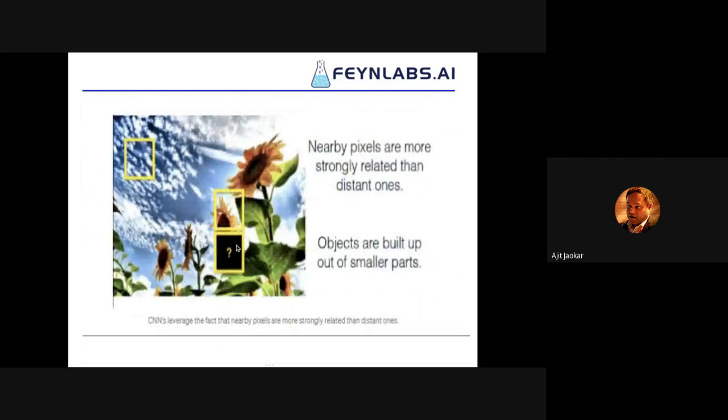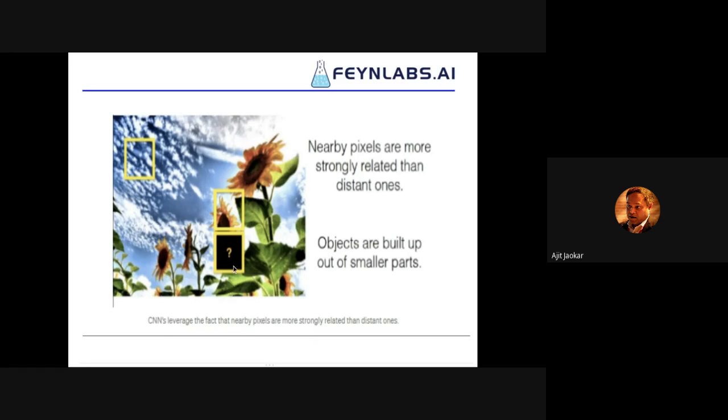So for example, if I look at an image like this, and I take this yellow box and say that here there are clouds, and if I move this to the right hand side, the probability of it being cloud is quite high. Similarly, when I come here, I see this as a sunflower, and I move down, it's likely to be a sunflower, another sunflower, and not a picture of a dog, correct?